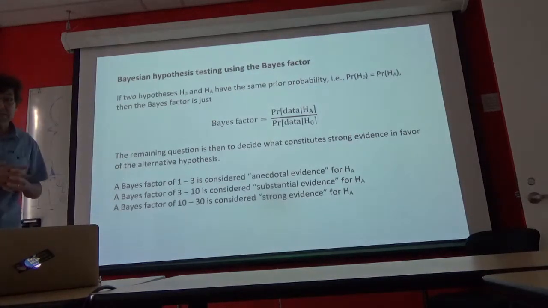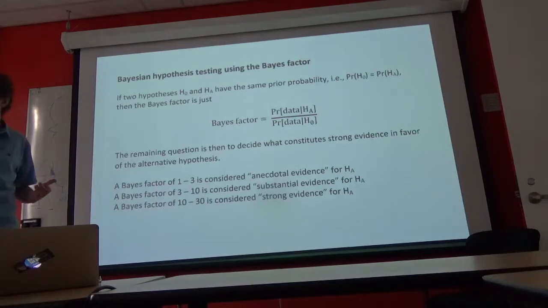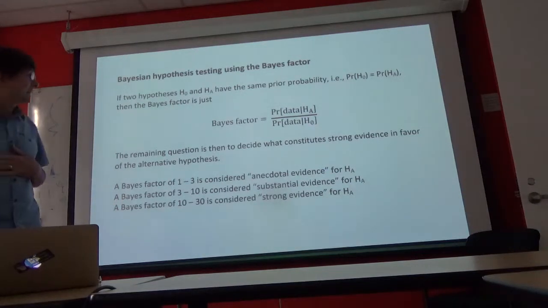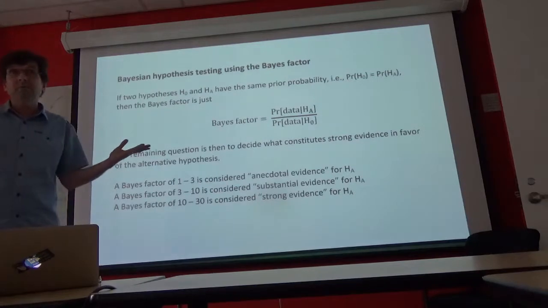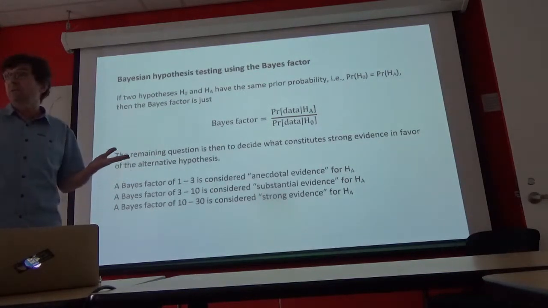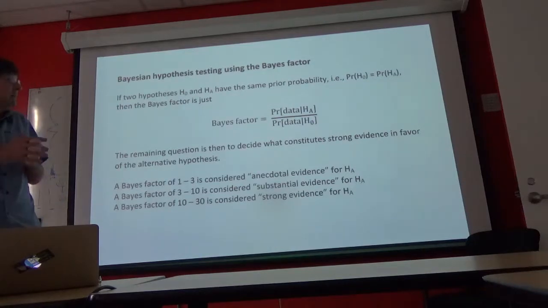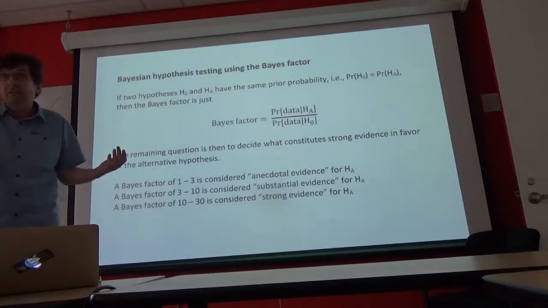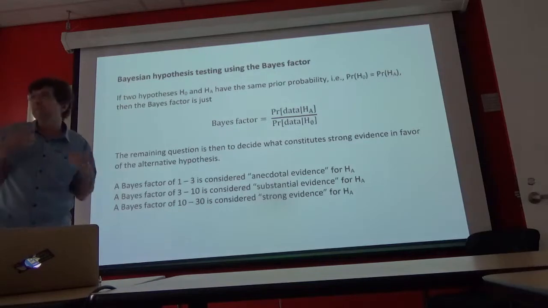So if the two hypotheses H0 and H1 have the same prior probability, and by that I mean, let's just say that we have no information, we don't really have any reason to believe that H0 is true or H1 is true. We have no prior evidence for thinking that the null hypothesis is true or that the alternative is. So let's just say, 50-50.